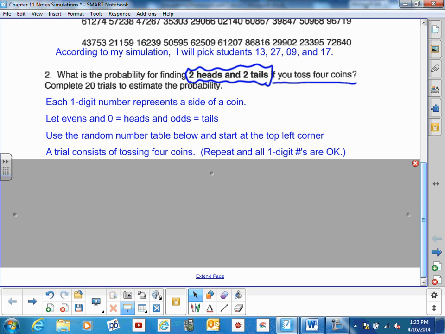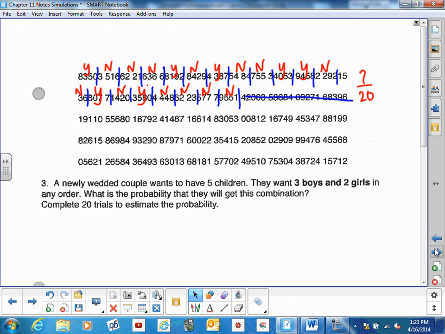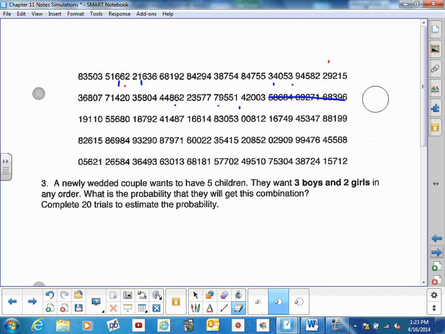And now we can think of repeats in this one. If I looked at a number table, let's say I looked at this top one up here. Let me erase all these. If I tossed these coins right here and I got, in this case, this ends up being a trial, 5, 7, 7, 7. Is that problematic? Why is it not a problem?